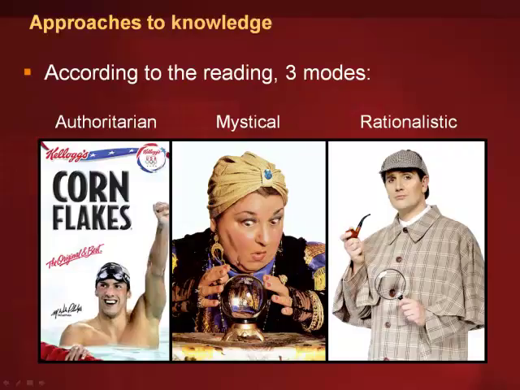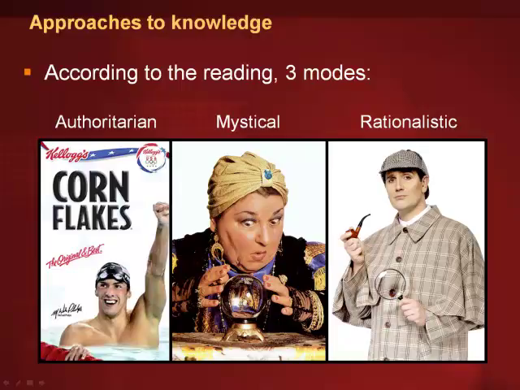With respect to approaches to knowledge, according to the reading, there are 3 modes. Now, we're going to break this down a little differently in a few minutes here, but the scientific approach is one mode by which people have attempted to understand their environment and themselves. And according to the reading, there are 3 other modes.